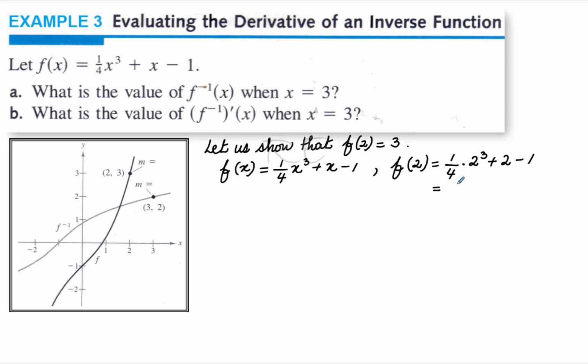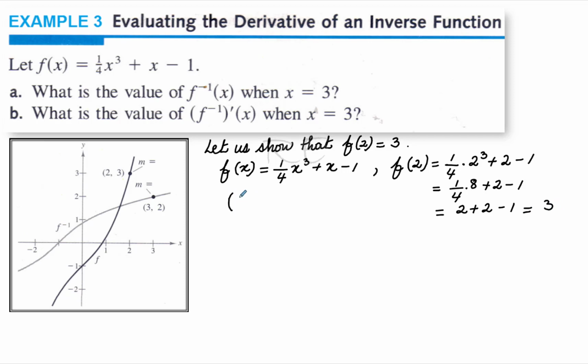Now f of 2 is equal to 1/4 of 8. 2 to the third is equal to 8, plus 2 minus 1. 8/4 is 2, so 2 plus 2 minus 1 is 3.